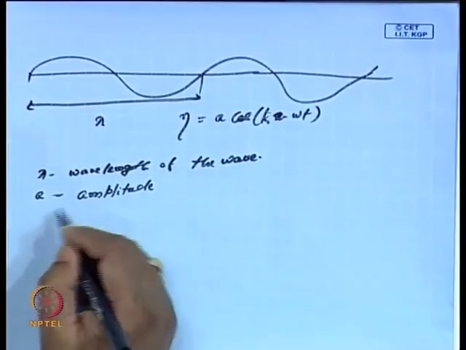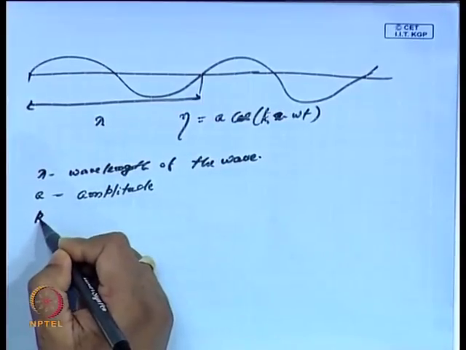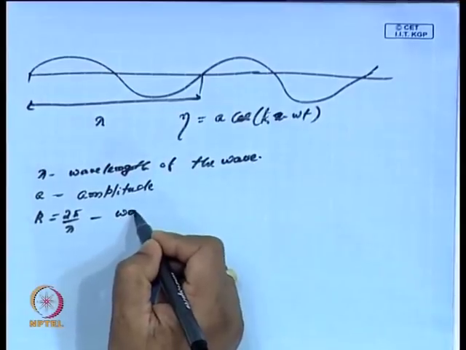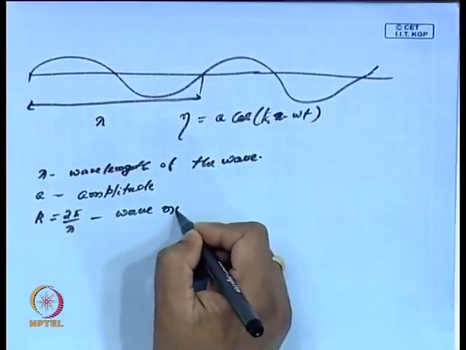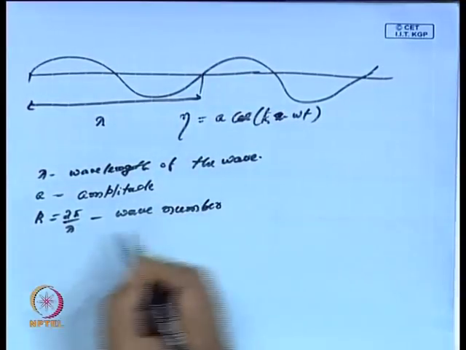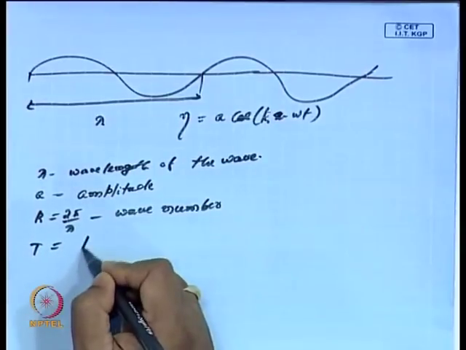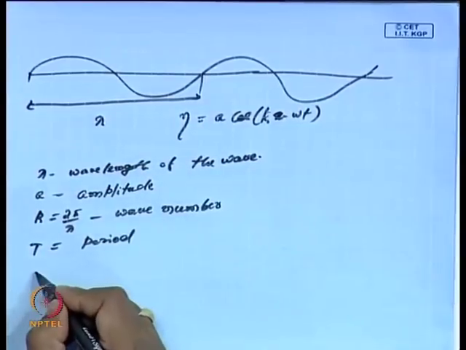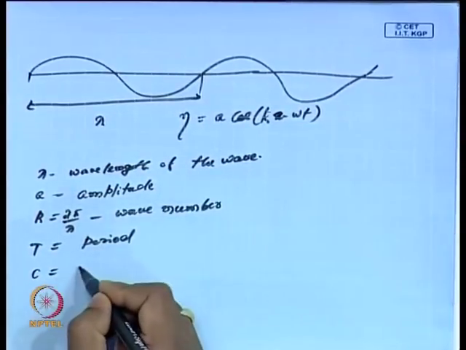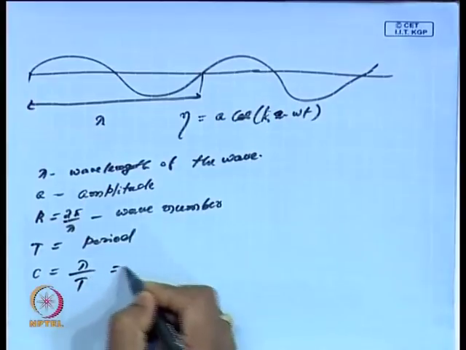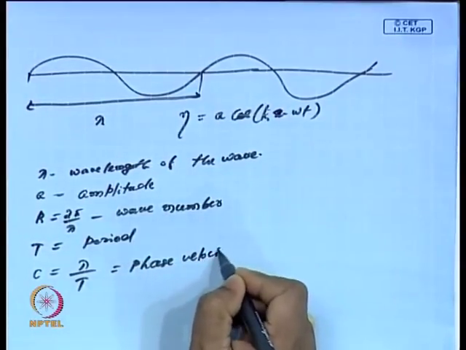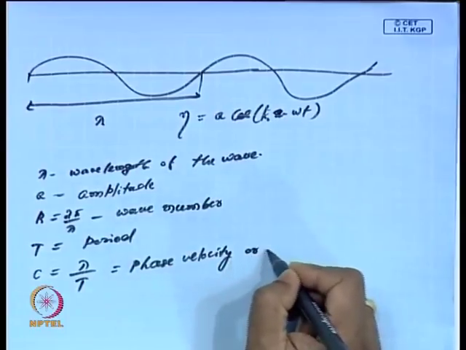Then k equals 2 pi by lambda, which is called the wave number, and T is the period of oscillation, the time period. Then c equals lambda by T, called the phase velocity or wave celerity.